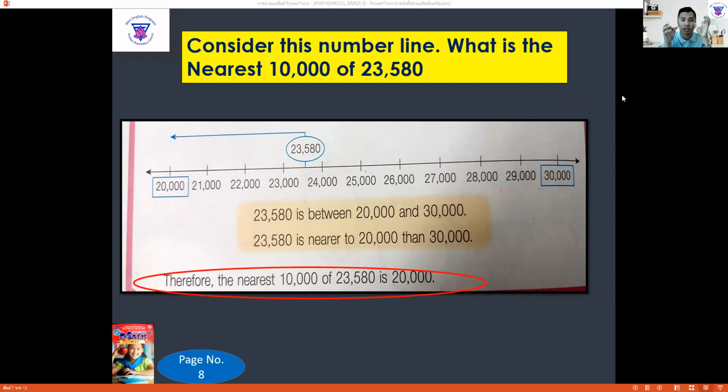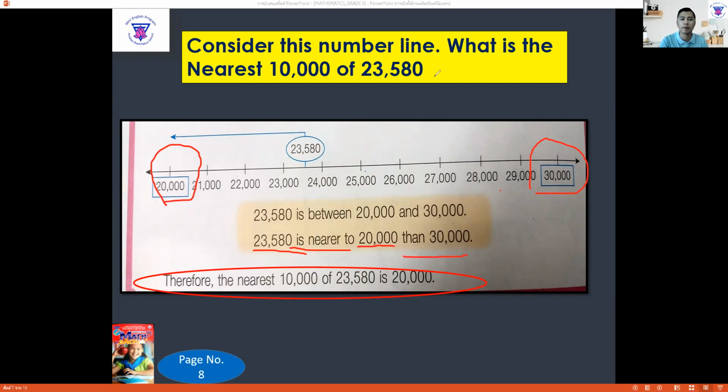Okay, again, 23,580 is in between 20,000 and 30,000. Okay, but 23,580 is nearer to 20,000 than 30,000.